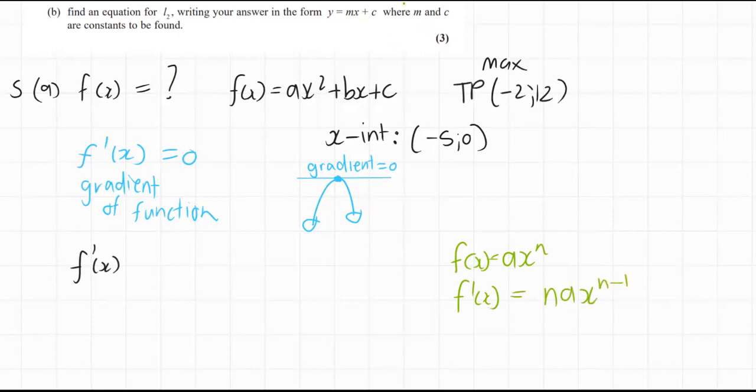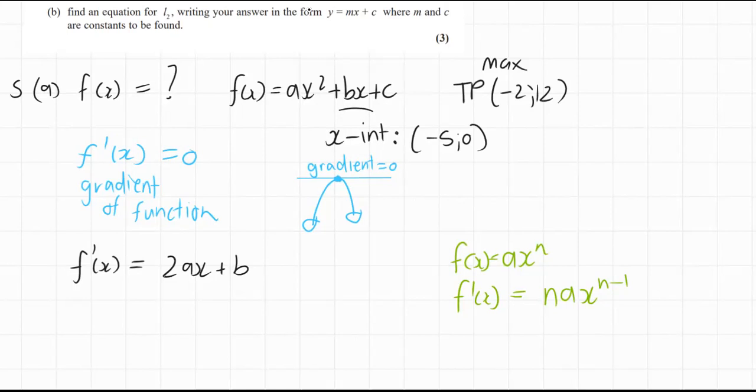So let's take a look. 2 times a is 2a, so 2ax, as x to the power of 2 minus 1 is just x. For bx to the power of 1, it's b times 1, which is b, as x to the power of 1 minus 1 is x to the power of 0, which is 1. So just b. Here's our f dash of x.